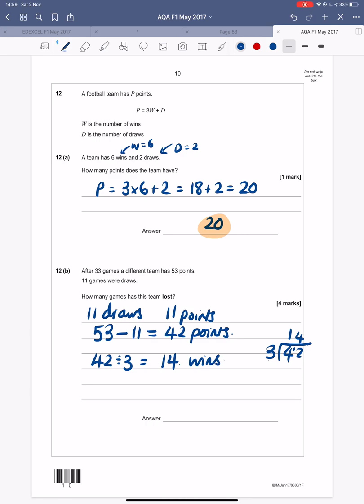Okay, so 33 games, they've had 11 draws, 14 wins, that's 25 games that have given them some points. So 33 minus 25, well, there are 33 games to start off with, but 25 games are where these points have come from. So that equals 8 losses.